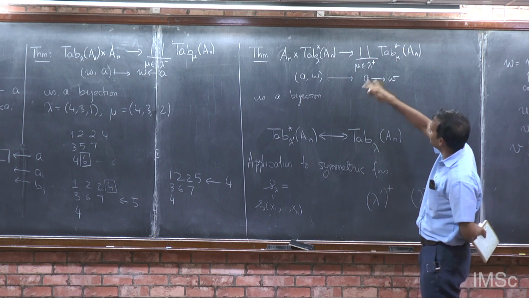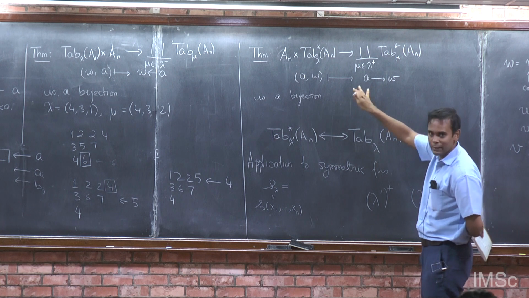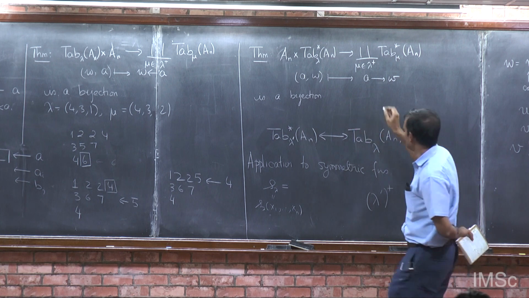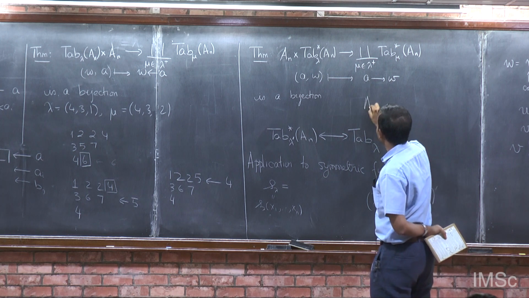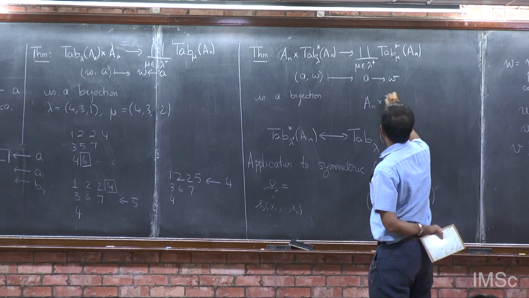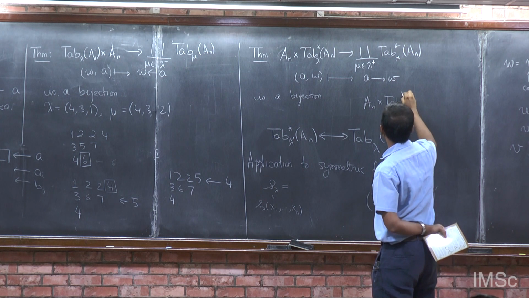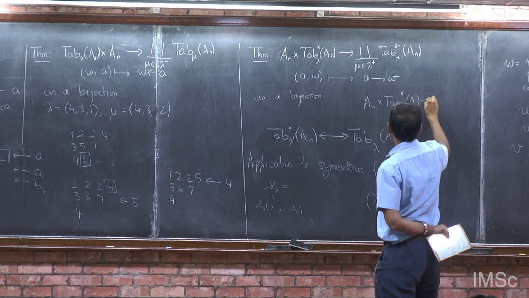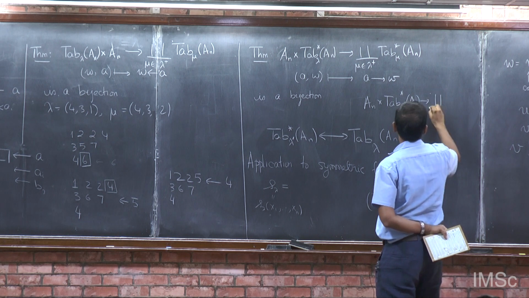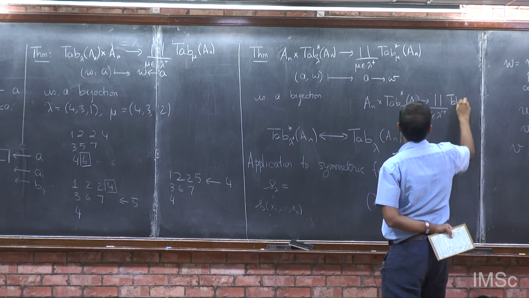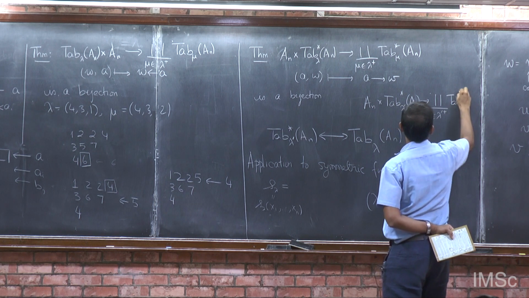So, at this stage these two are giving the same sets. Here if I put lambda equals lambda dash, then I get a n tab lambda dash star, mu dash belonging to lambda dash plus, tab mu dash star a n.